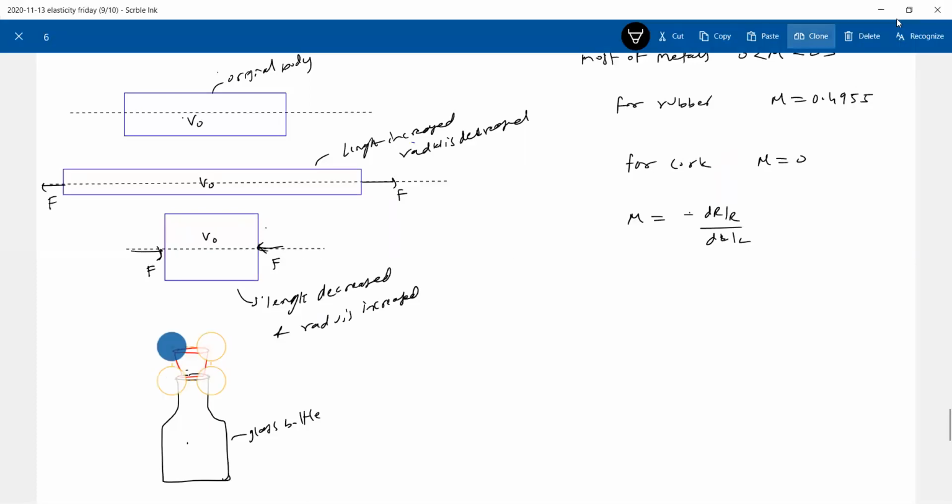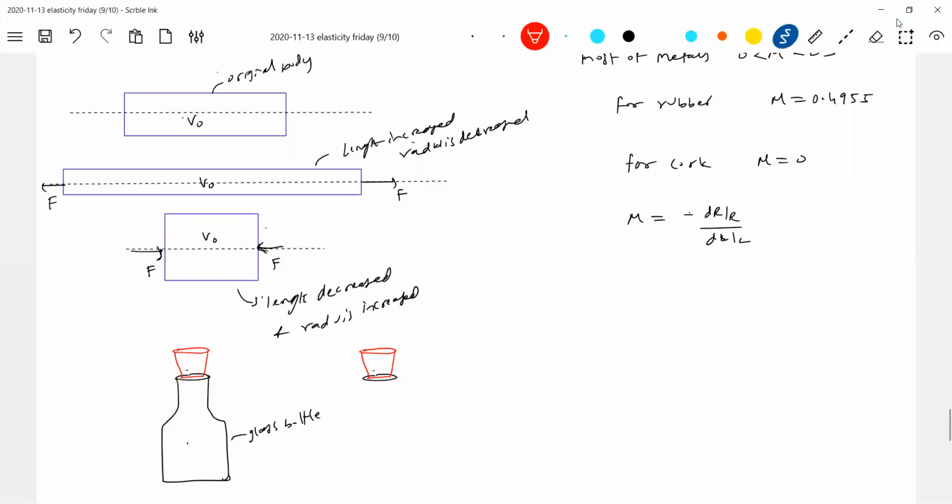If you hammer it, if you apply a force here, what is the problem that will arise? What will happen to it? It will become like this, no?